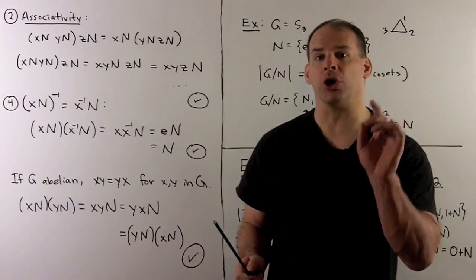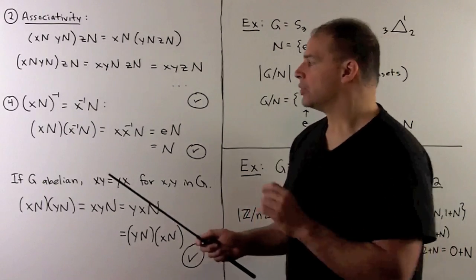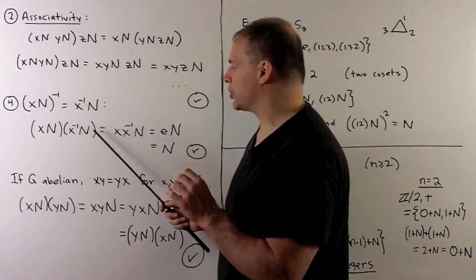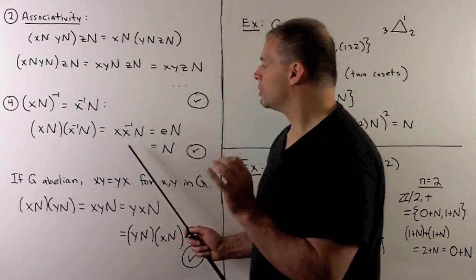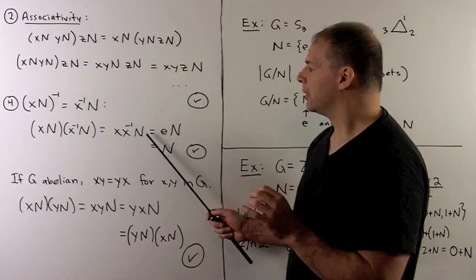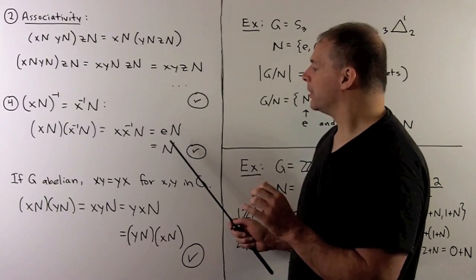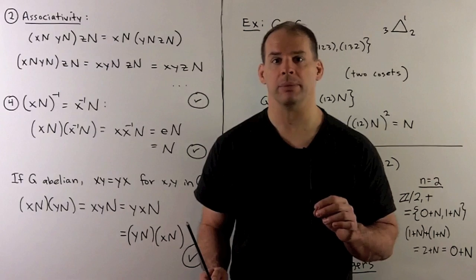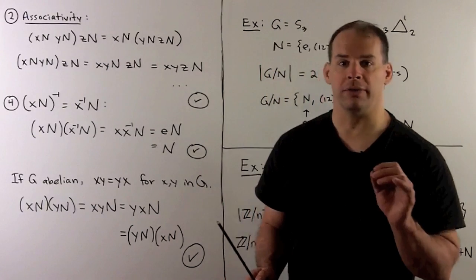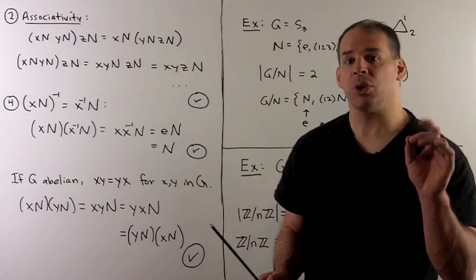And then that's going to be our unique inverse. So when I multiply xn by x inverse n, it's coset times coset, so we use our rule. So I have x x inverse n. x x inverse is the identity, so we get n, which is the identity for G modulo n. So, closed under inverses. That shows that we have a group.